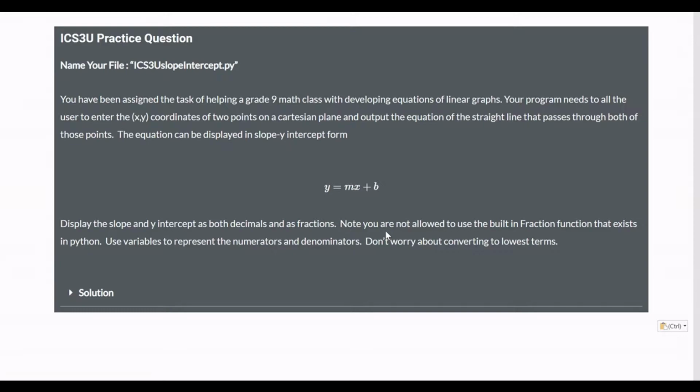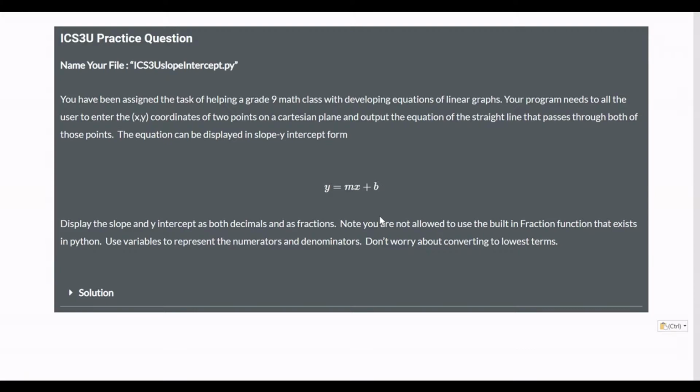And the output is just going to be m and b as decimal numbers and m and b as fractions. And we'll have to take a look at how to deal with the positives and negatives that might show up there, but that might be a bit too complex for this stage of your programming knowledge, so maybe we'll deal with that at another time.